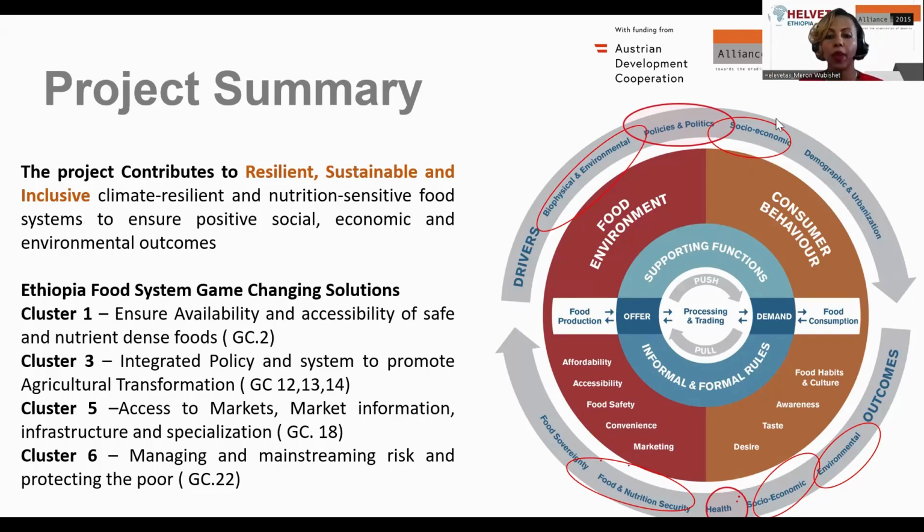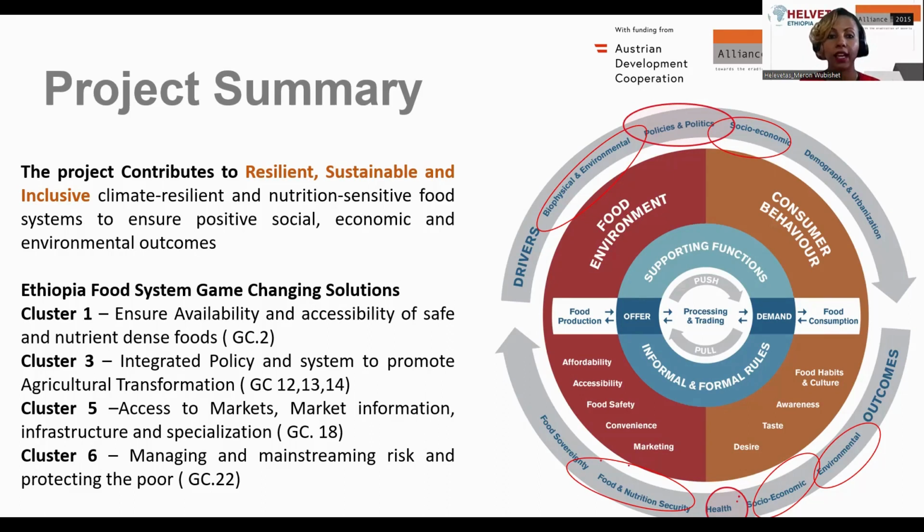So in Ethiopia, through Alliance 2015, we have been engaged in the development of the Ethiopian food systems conceptual framework. During this process, based on the identified key challenges, 20 game-changing ideas were selected, and these were categorized into six clusters.